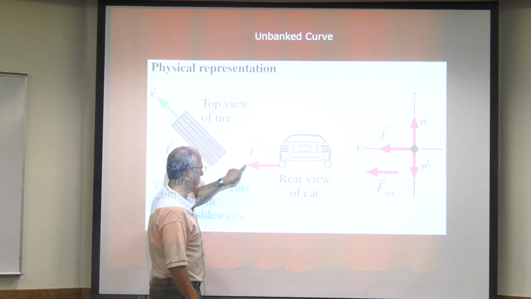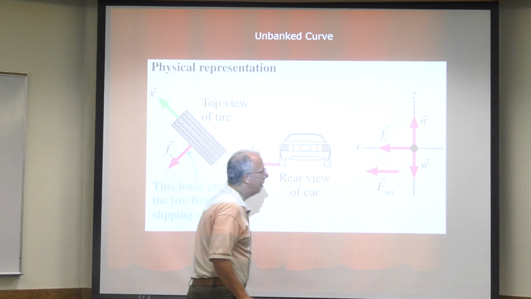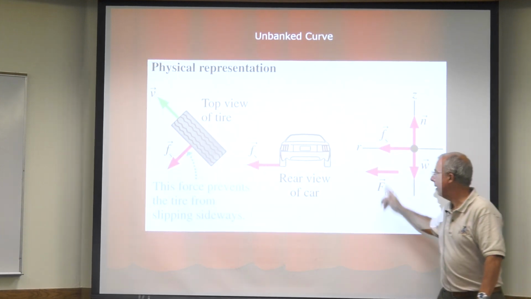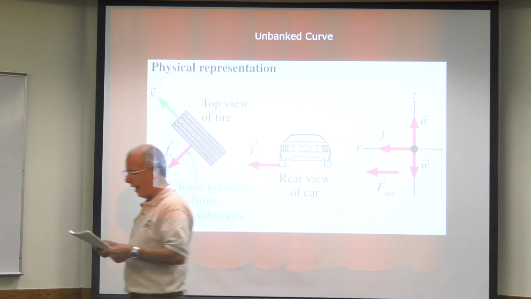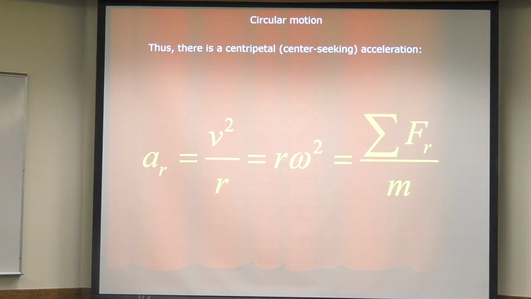Okay, draw the force diagram. Looks kind of familiar, huh? Once again, normal, weight, friction. It's the same diagram we just had, which was nice. I keep showing you this, that's okay. Just rubbing it in, right?